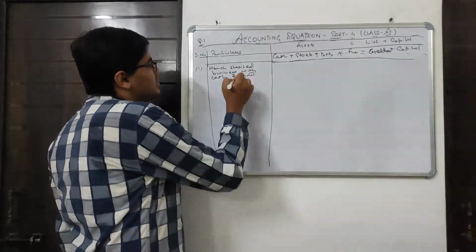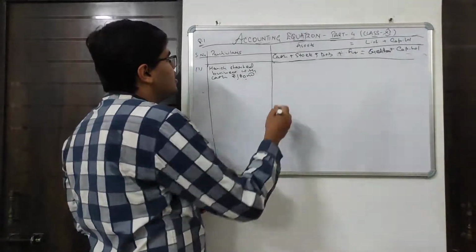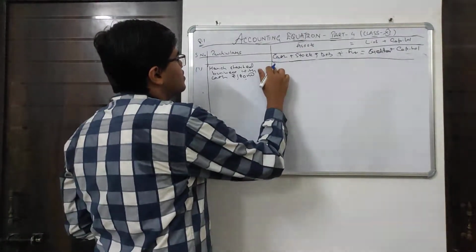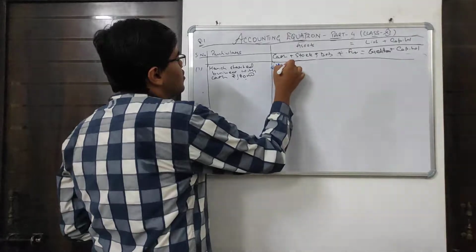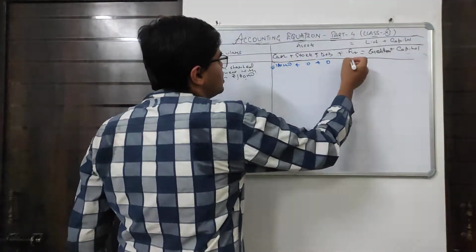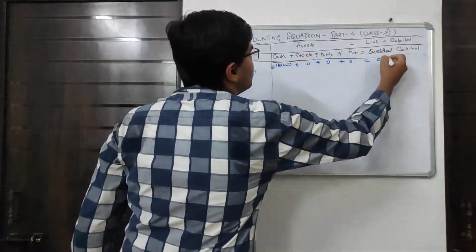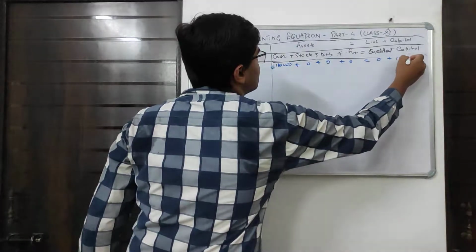Since the businessman has invested 1,80,000 into the business, the cash increases by 1,80,000. No change in stock, no change in debtor, no change in furniture, 0 plus it will be 1,80,000.